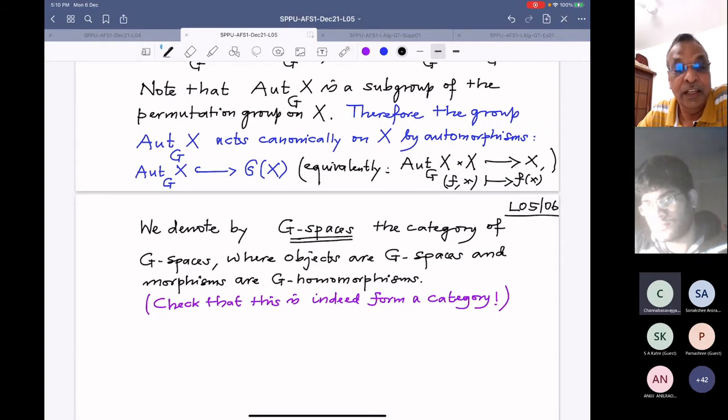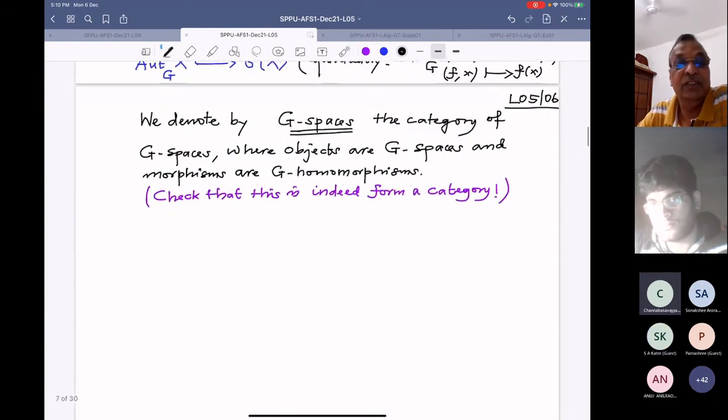The abstract category theory we are not so much interested in, because that will divert our mind from the concrete things to more abstract things.